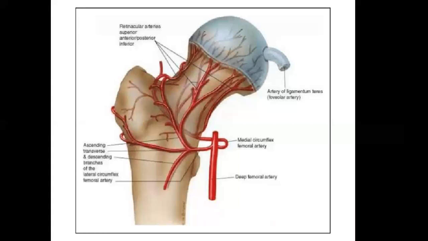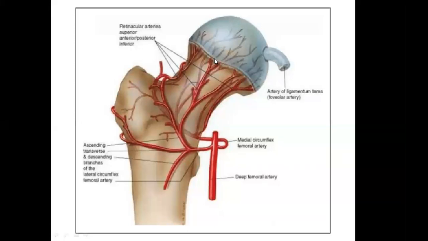This is clinically very important as it is supplied by the obturator artery, which is the only nutrient artery supply of the head of the femur. So I told you that this fovea capitis, a depression over the center of the head of the femur, gives attachment to the ligamentum teres. And with this ligamentum teres, the obturator artery courses inside the head of the femur.